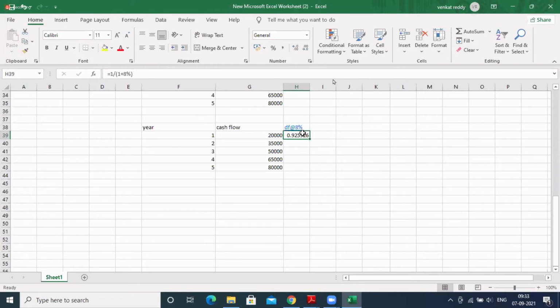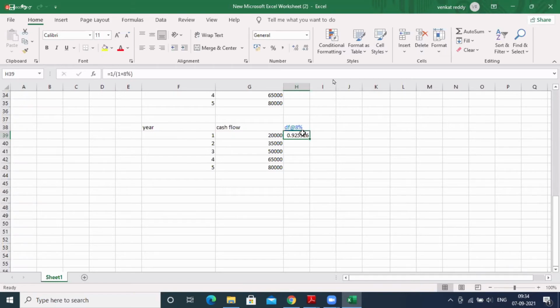Suppose I am going to receive 1 rupee on 31st December 2021. The value of that 1 rupee on 1st January 2021 will be 0.92 paise. Once again, I repeat, if I am expecting to receive 1 rupee on 31st December 2020, the value of that 1 rupee in January 2021 will be 0.925 by considering the discount factor at the rate of 8%.